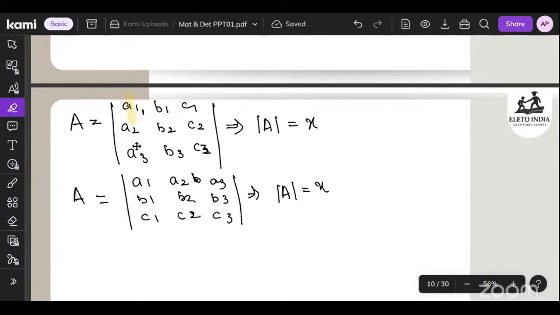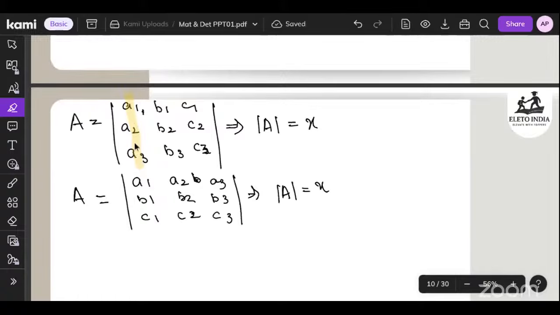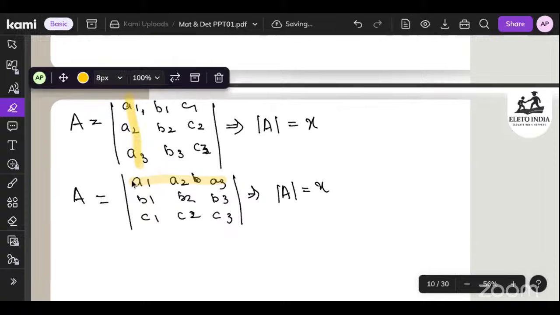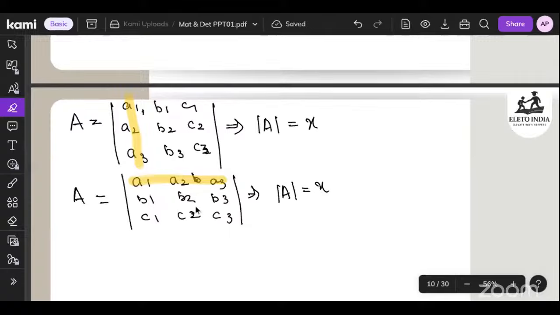If you see here, this row we have changed like this. Do you understand this? We have taken the column and shifted it to the row.